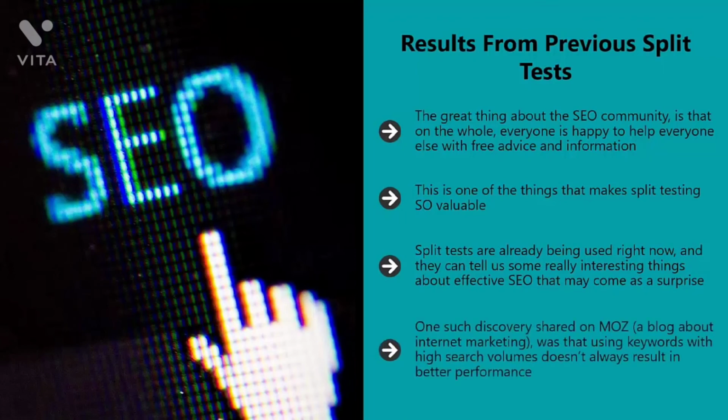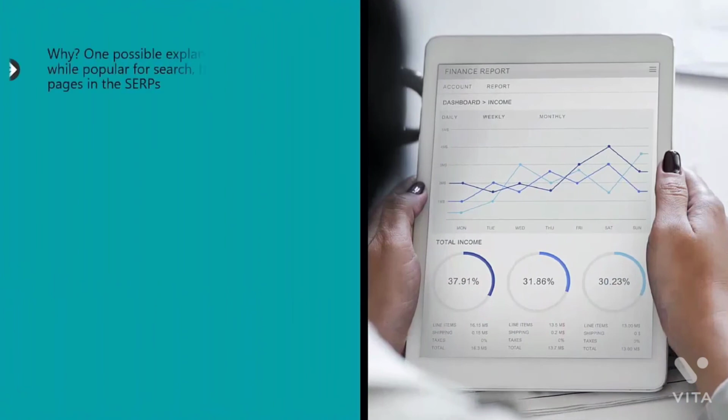One such discovery shared on MOZ, a blog about internet marketing, was that using keywords with high search volumes doesn't always result in better performance. Will Critchlow tried inserting more popular key phrases into the meta tags and content of existing pages, and found that in many cases those pages saw a drop in organic traffic of as much as 20%. Why?